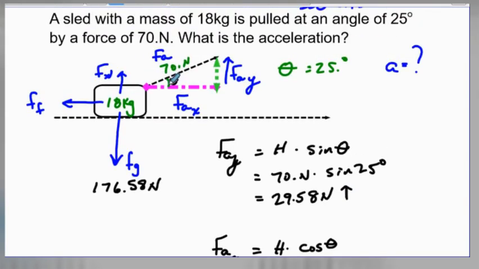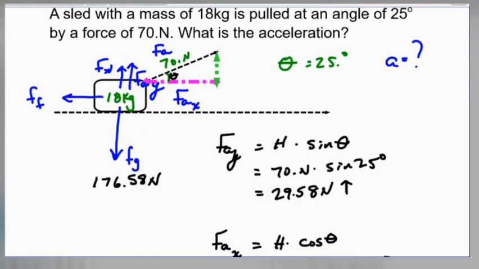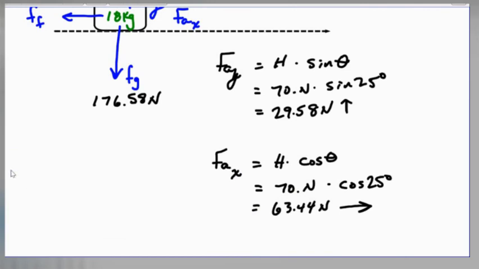So I know what this other force is now. This force right here, if I was to grab that arrow for a second, this could be put here to help us remember what's going on. So the force of gravity is equal to the normal force plus this applied force in the y direction.